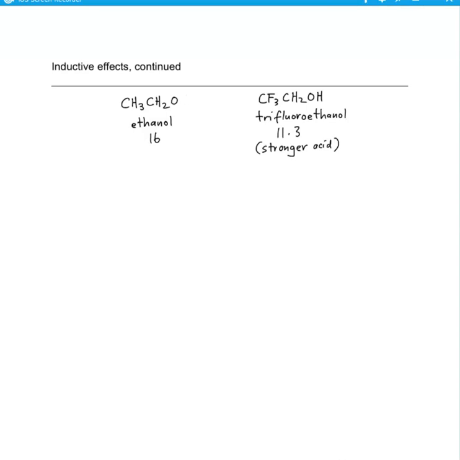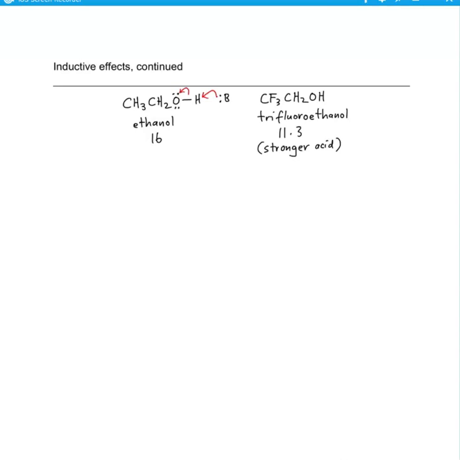Now, just to remind you, I'm going to draw the mechanism once to remind you how we get to the conjugate base, because you're going to be doing this over and over again. And so in both cases, what we're going to do is generate a conjugate base structure. So there's the conjugate base of ethanol. Now that's the conjugate base of an alcohol.